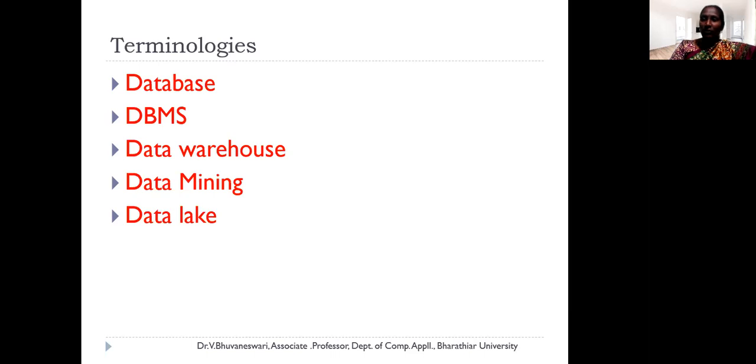Now again the question is the data warehouse. Yes, many of you would have come across these terms in your papers on data mining or databases. Now, what is the difference between a database and a data warehouse?